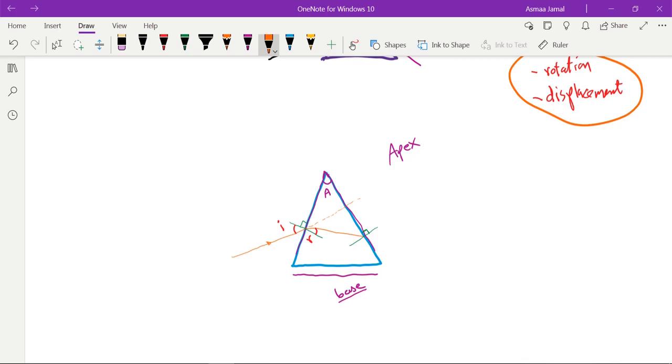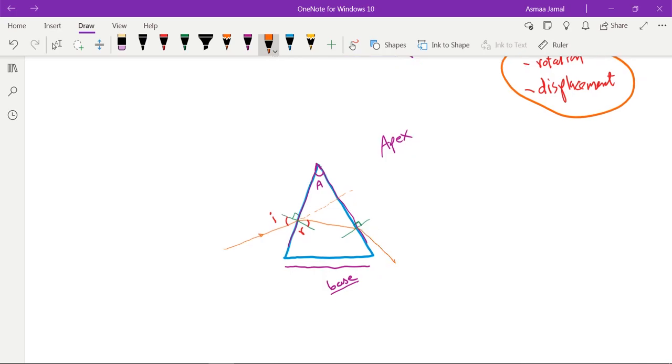This time, since the ray of light is traveling from denser to rarer, it will refract away from the normal. So this is the second incident ray, this is the second incident angle, and this is the second refracted angle, which means this is the first refracted angle.